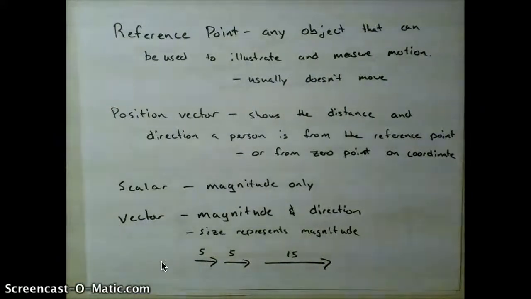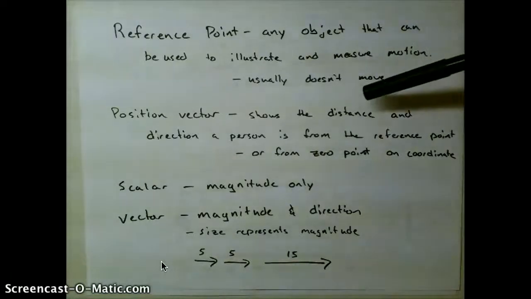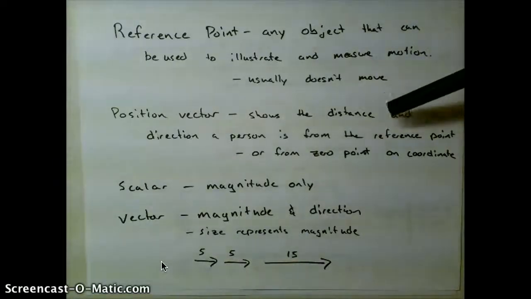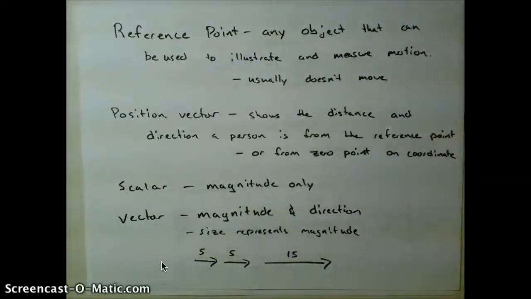We can also describe motion relative to a reference point. Keep in mind that a reference point is just relative. It's just any object that we can use to describe or measure the motion. We usually have reference points that don't move because we're comparing one thing to another. So you could be on a train, and relative to the ground would be your reference point, the train and you are moving.